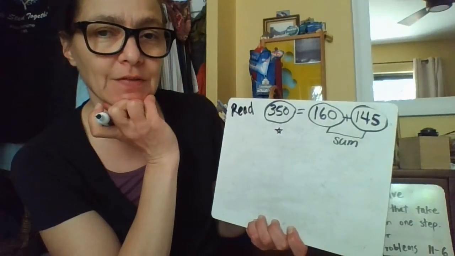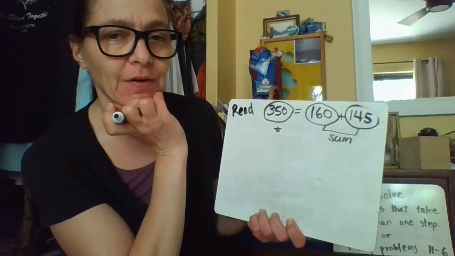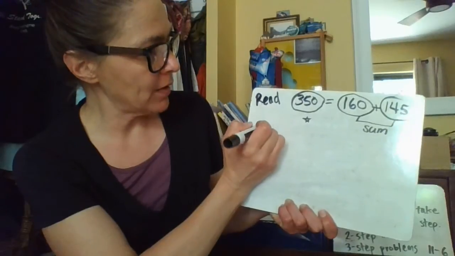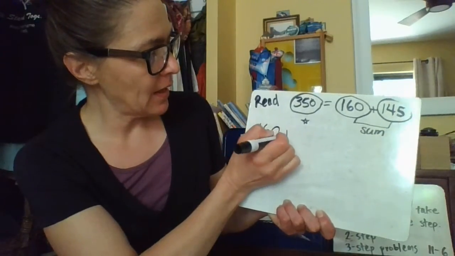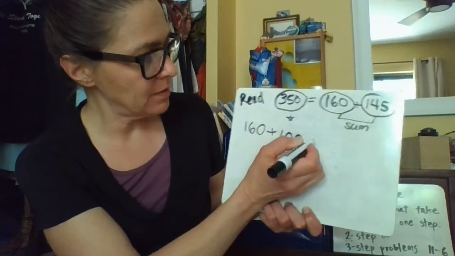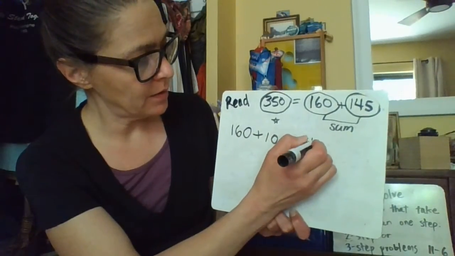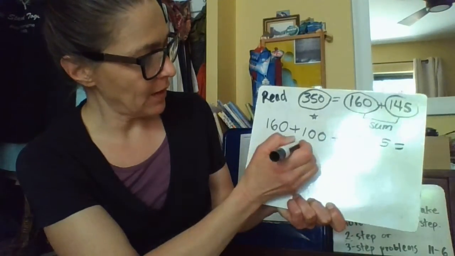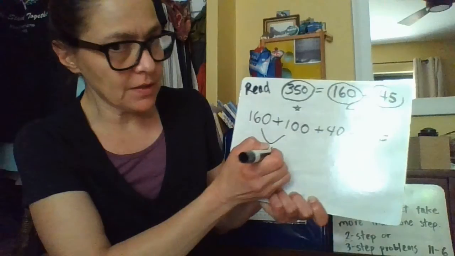All right, so let's go ahead and solve together this multiple step problem. So we have 160, and I'm going to do break apart numbers, plus 100, plus 40, and then plus 5. Okay, so here I have 260 plus 40 plus 5.